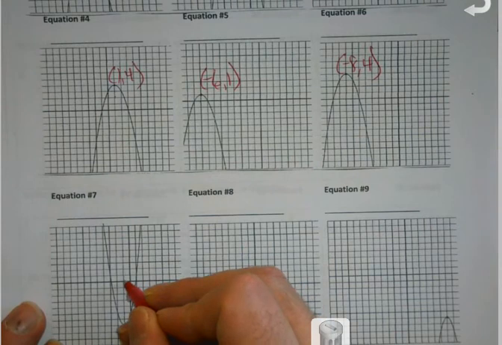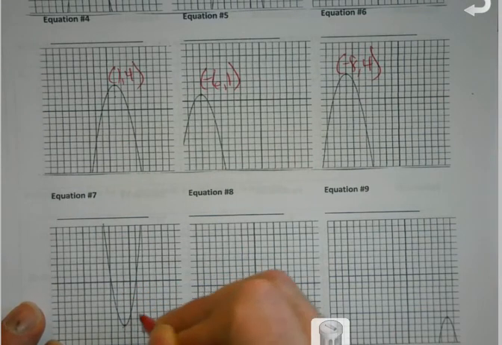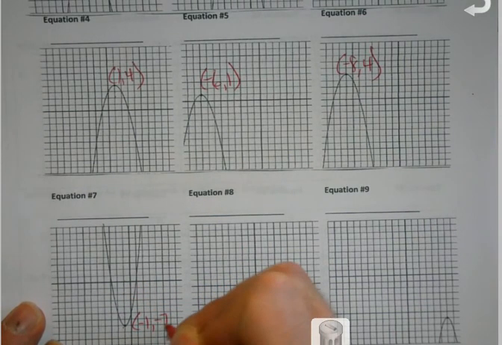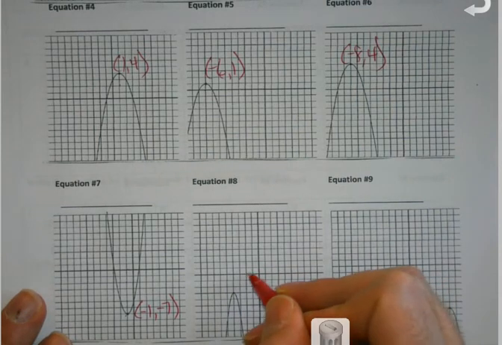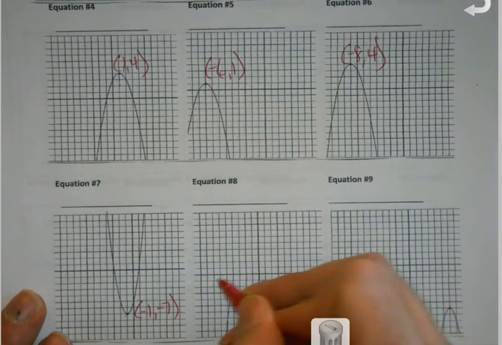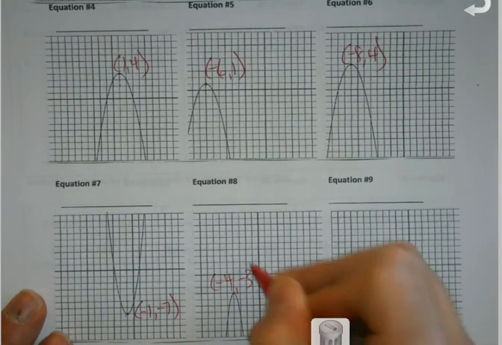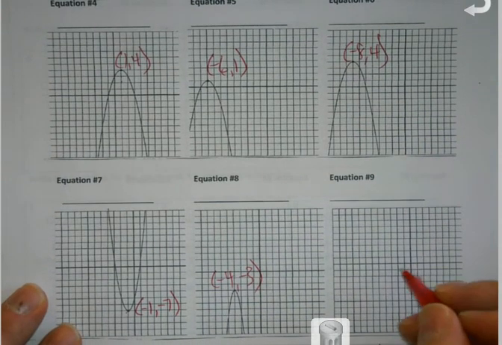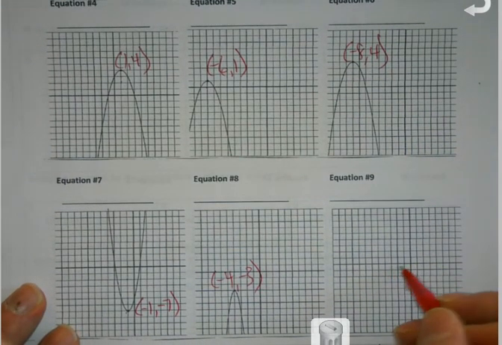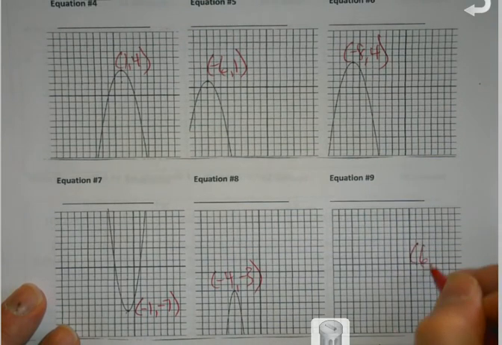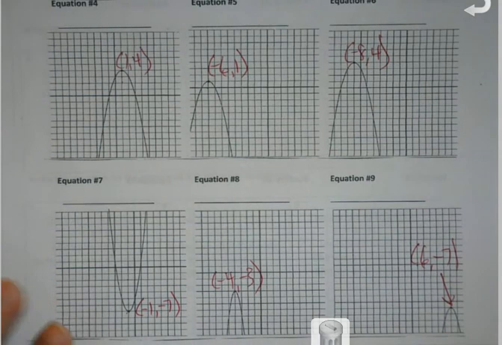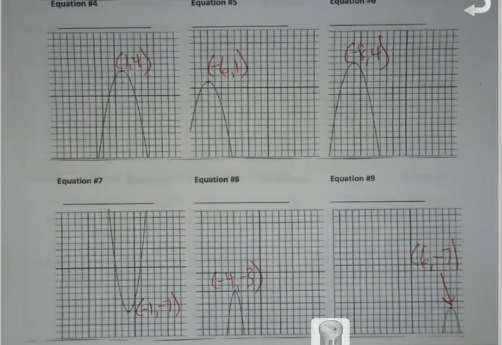Keep boosting a little bit here. -1, -7, -4, -3, and holy cow, that one is far away. 6, -7 down there.